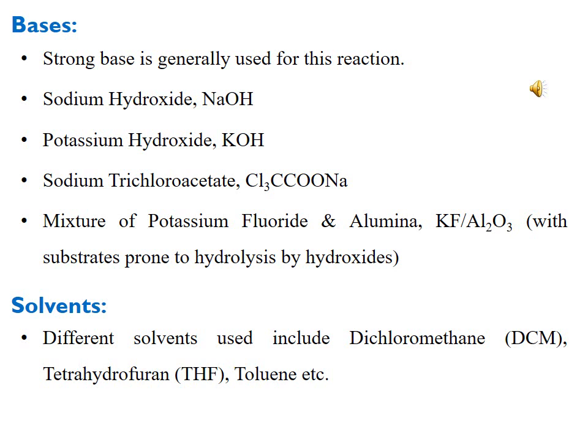This was used because there were some substrates which were able to be hydrolyzed by these strong hydroxide bases. So the base used instead of hydroxide was potassium fluoride on alumina. This made the reaction more favorable, a more stable reagent in the case of hydrolysis.